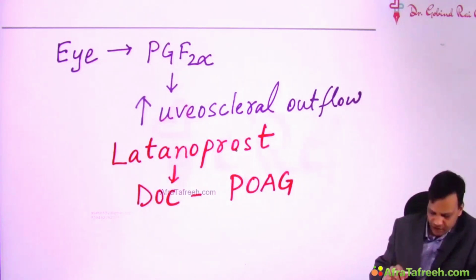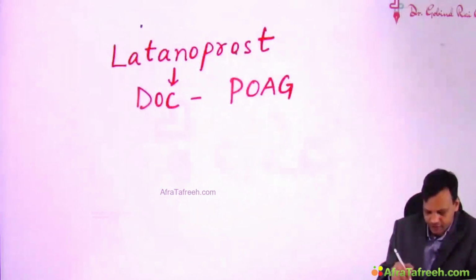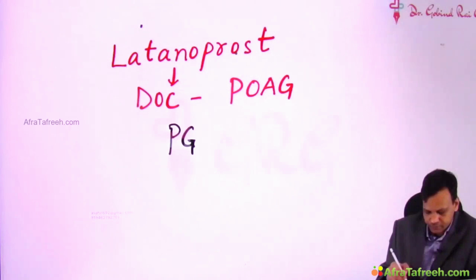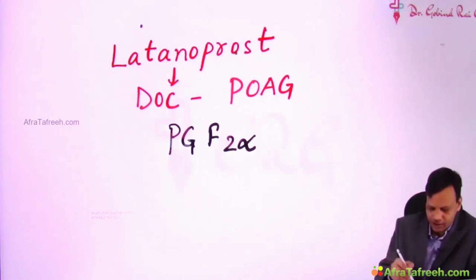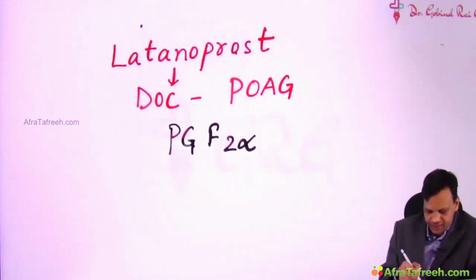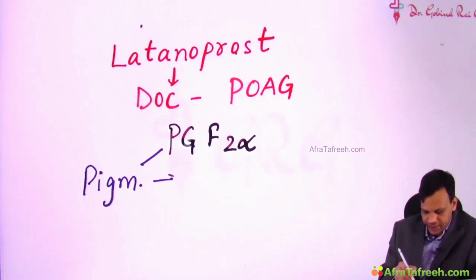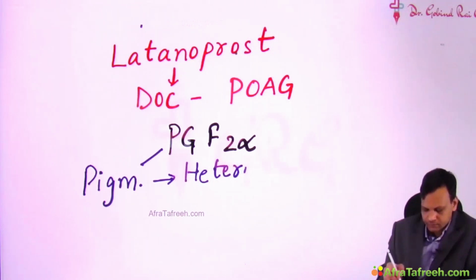The major side effects of latanoprost you can remember, it is prostaglandin F2 alpha. The main side effects of latanoprost are P for pigmentation of iris. The term for iris pigmentation is heterochromia iridis.